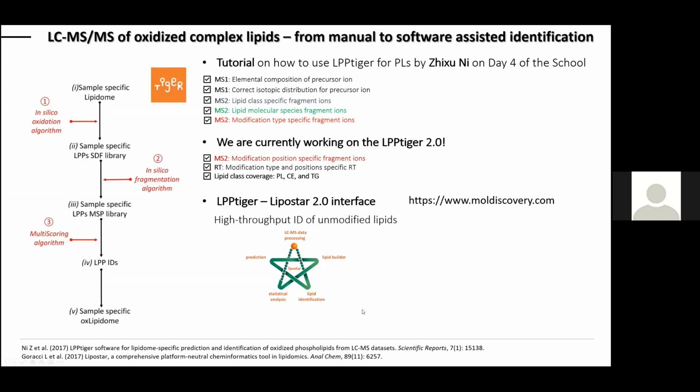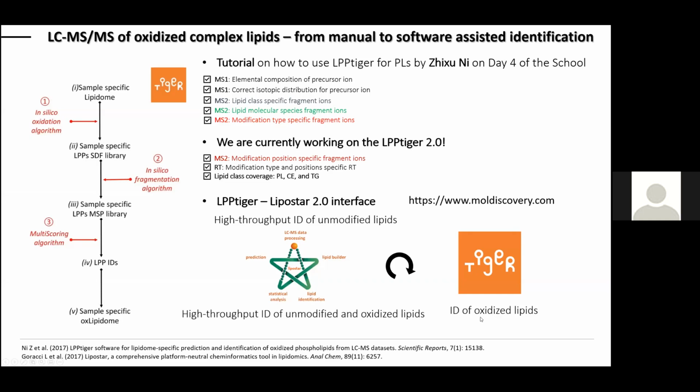So we joined our forces so that the signals, precursors, and corresponding MS2 spectra, which were proposed by LipoStar as potentially oxidized lipids, are automatically transferred into LPP Tiger, which identifies them with high accuracy and brings them back into the LipoStar interface so that users can get both unmodified and modified lipids together.